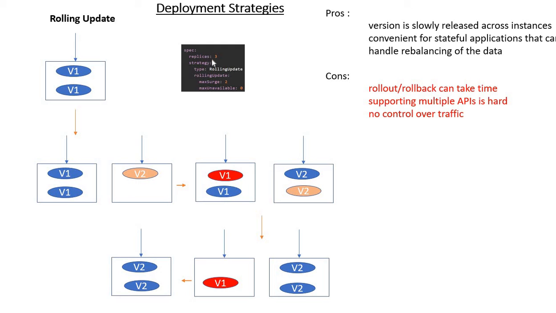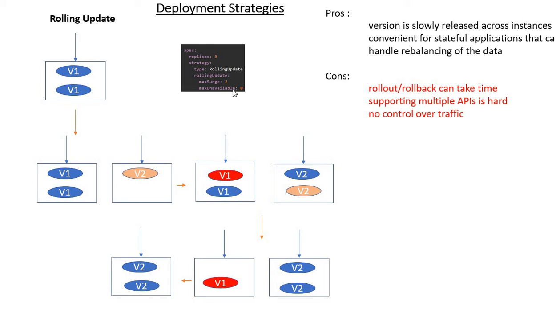If the replica set is 3 and max surge is 2, then on top of 3 I can introduce 2 more pods. So for deployment purposes, max surge is the maximum number of pods I can go on top of my replica set.